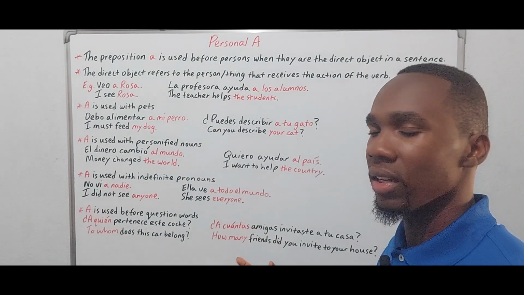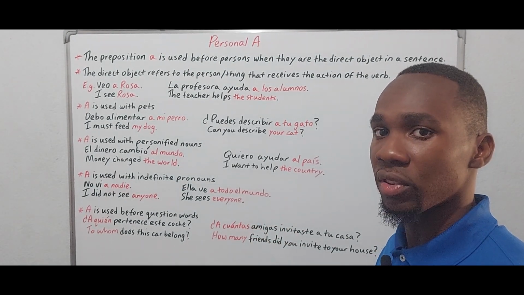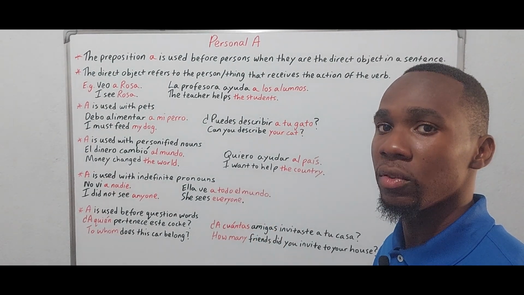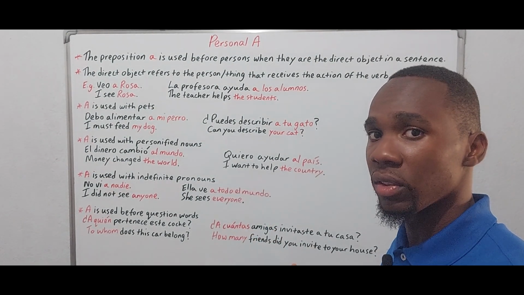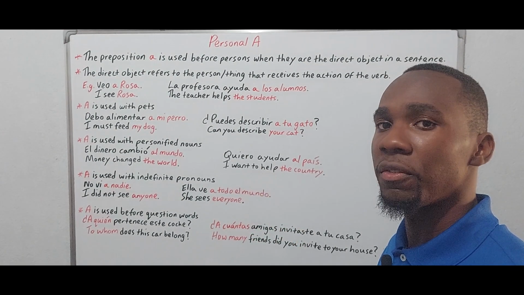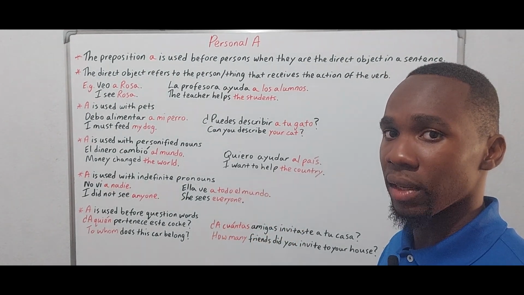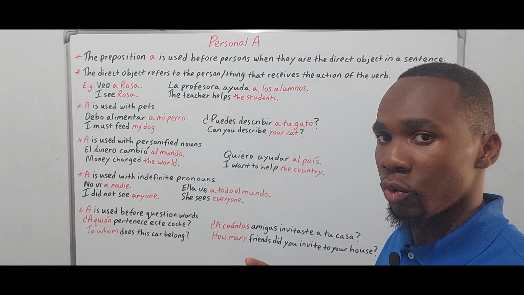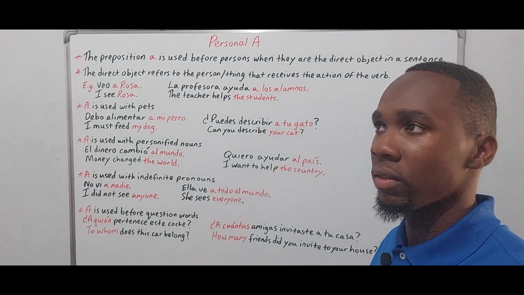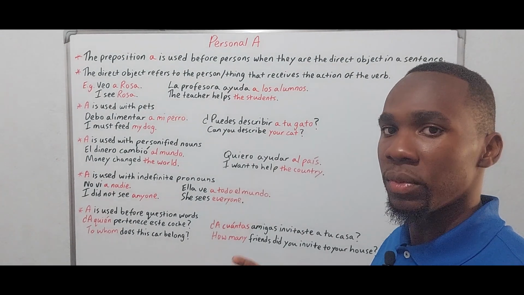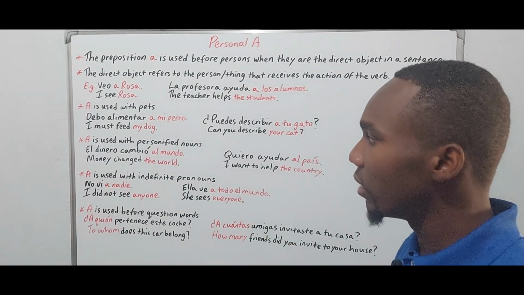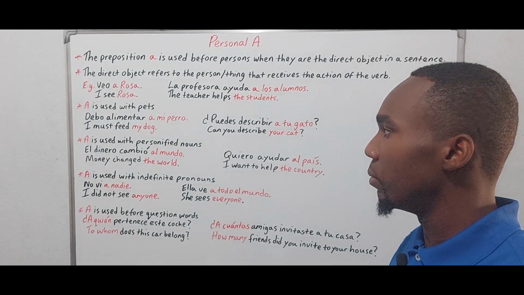So we humanize it. Therefore, we can use the personal a with it. Sometimes you may see examples of this without the personal a, but if you're personifying it, we can use the personal a. So it's not wrong to use the personal a here, because you see the world as a human, or as humans, right? El dinero cambió al mundo.